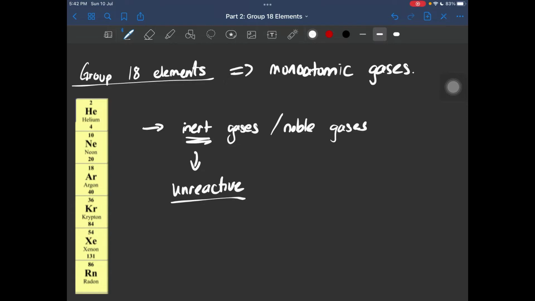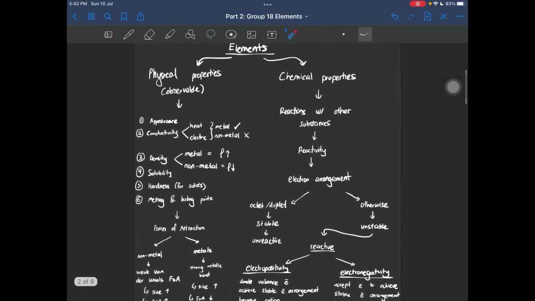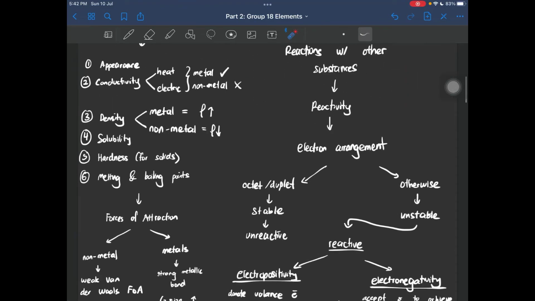But why are they unreactive? If we go back to the overview of the chapter, we'll know that if they are unreactive, it means they have achieved stable octet or duplet electron arrangement. If the electron arrangement is not octet or duplet, then it is unstable, which causes it to be reactive.